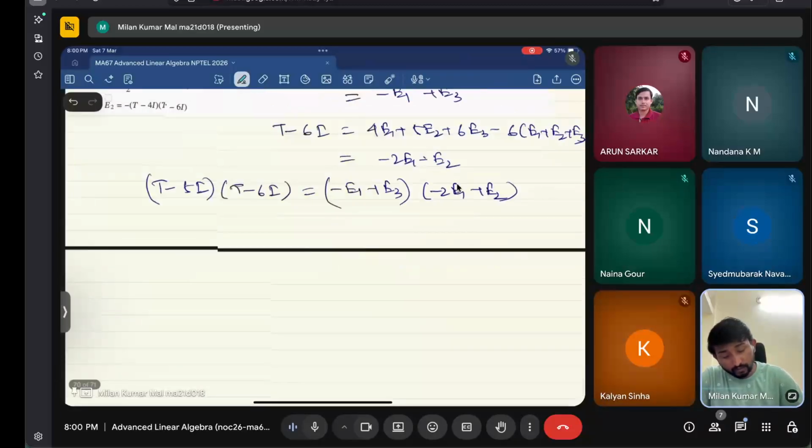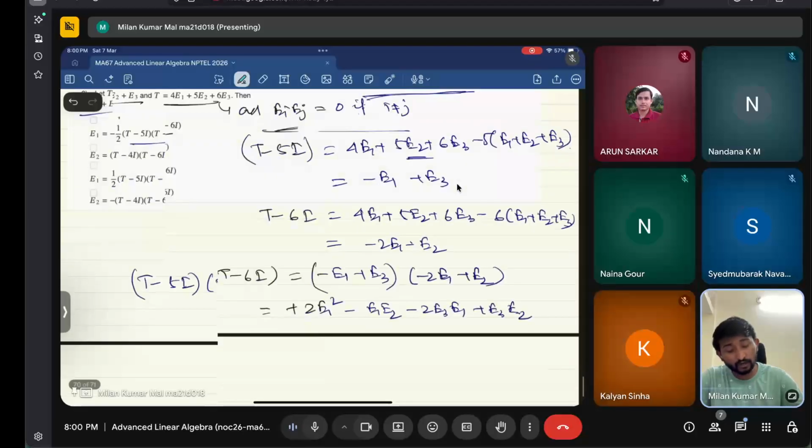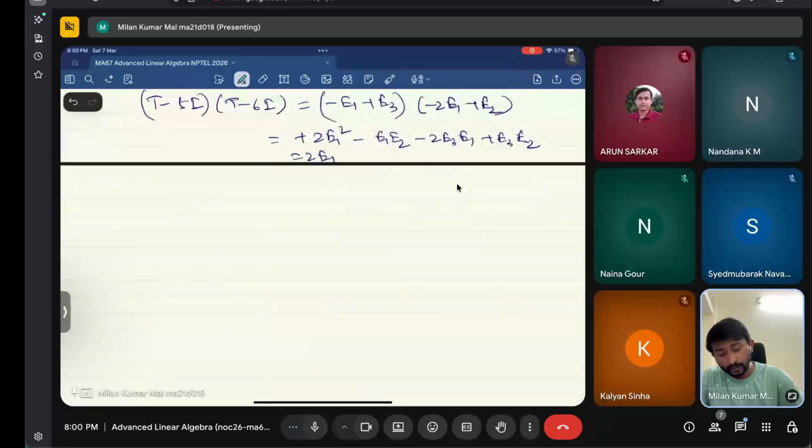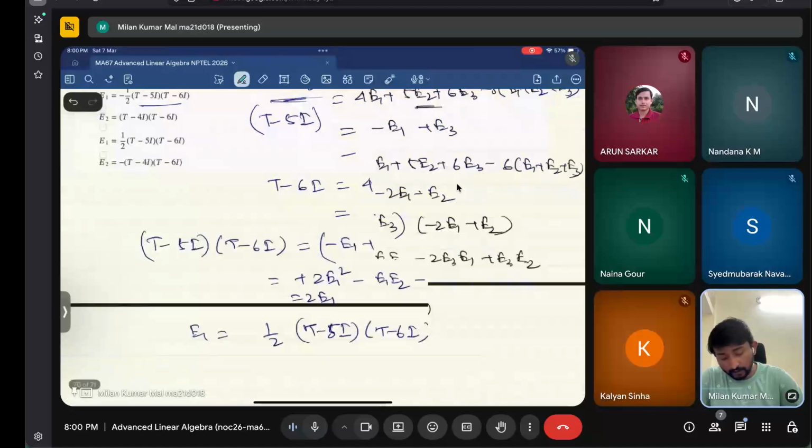So clearly this will be plus 2E1 squared, and that is again E1 because E1 is a projection. Then E1E2 is 0, minus 2E3E1 is 0, plus E3E2 is 0, because we have used the fact that EiEj equals 0 for i not equal to j. So that equals 2E1. So basically what I got is E1 equals one half (T minus 5I)(T minus 6I). So this is the correct option, this is the incorrect option.